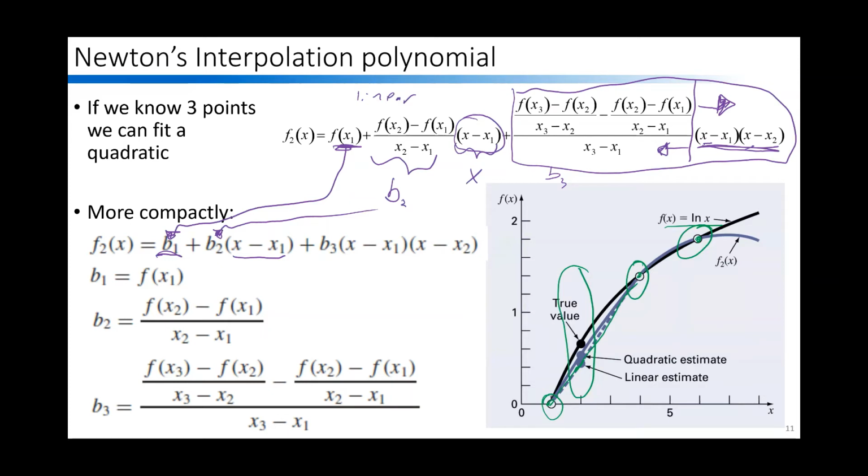So I can put out here that f of x is b1 plus b2 times x minus x1 plus b3 times x minus x1 times x minus x2. You'll notice that I've included an extra 2 in this f of x. That 2 is going to indicate that we're doing a quadratic fit. If I was doing a linear fit, that 2 would be a 1. If I was doing a cubic fit, it would be a 3, etc.